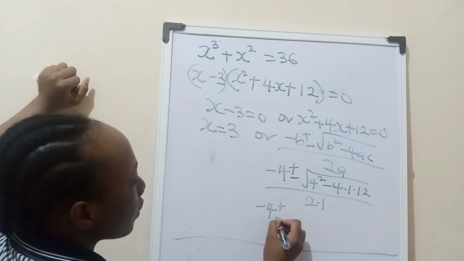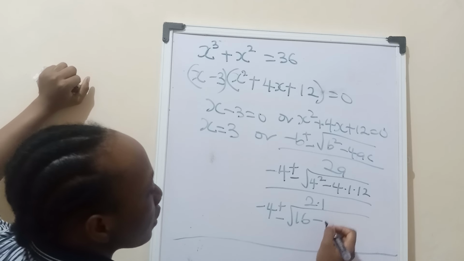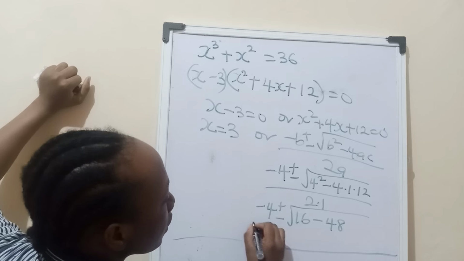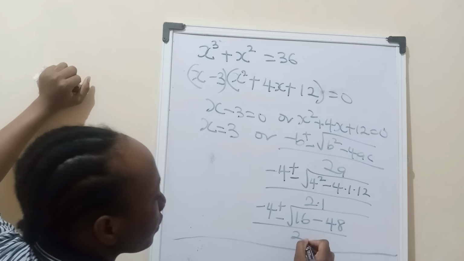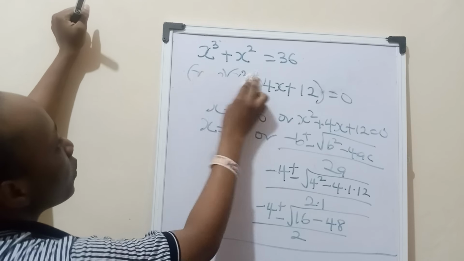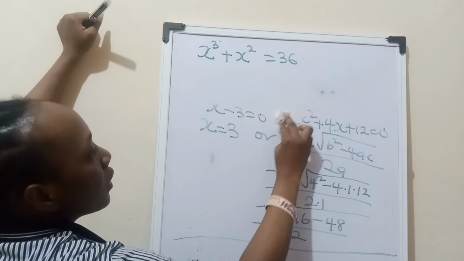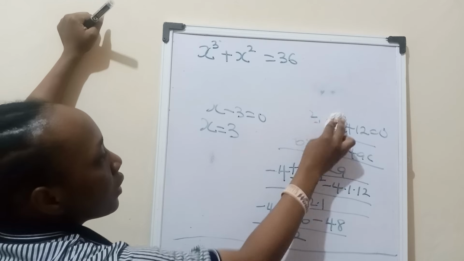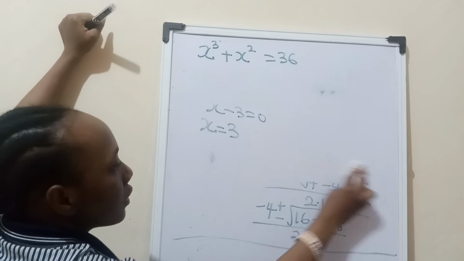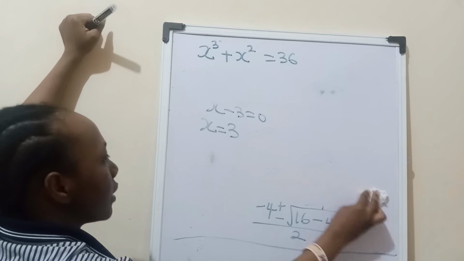So minus 4 plus or minus the square root of 16 minus 48 all over 2. Remember, this is our first solution, so let's get the remaining 2.